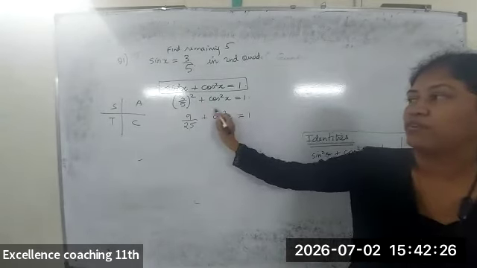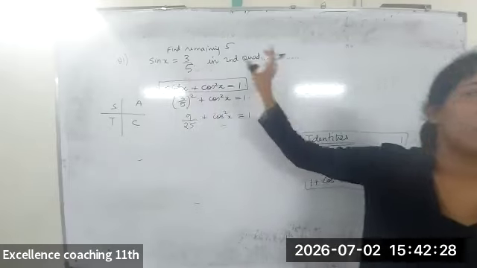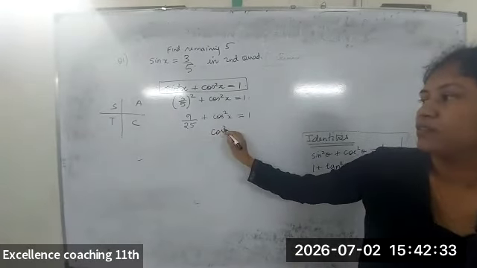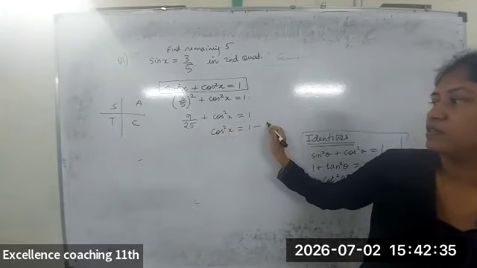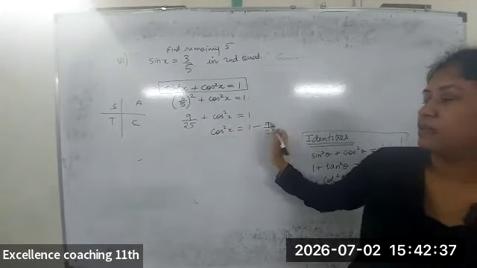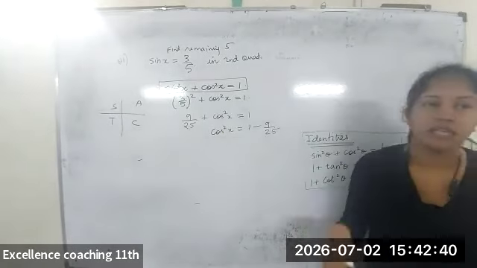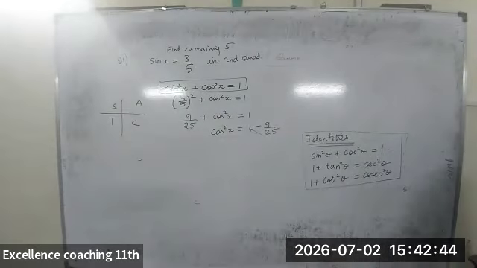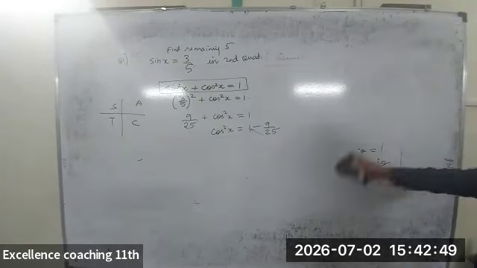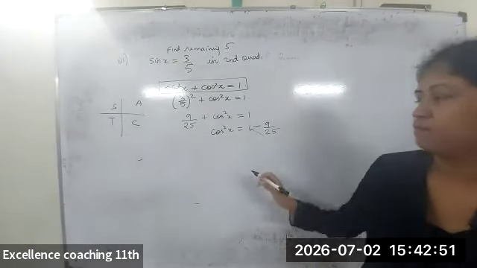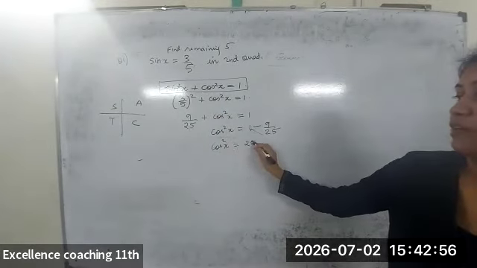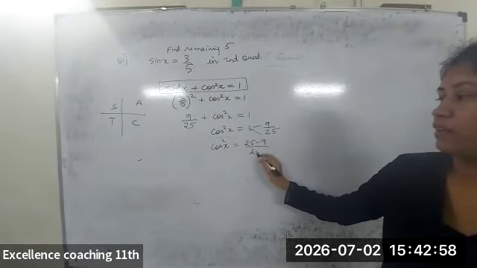Now which value I want to find? Cos. So take this whole term on the other side. So it will become minus 9 upon 25. Plus 9 by 25, I'm taking other side. Now cross multiply. 25 minus 9 upon 25.